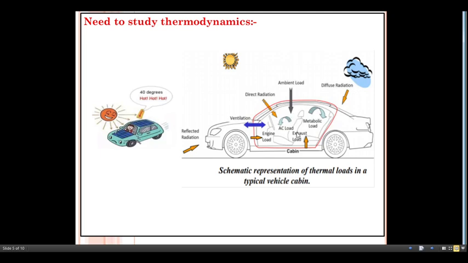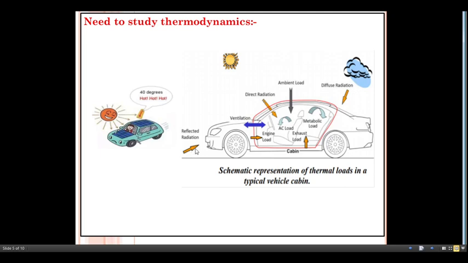Now see what different types of loads come inside that cabin, so that you can understand why we feel discomfort while sitting inside the car without AC and with AC.